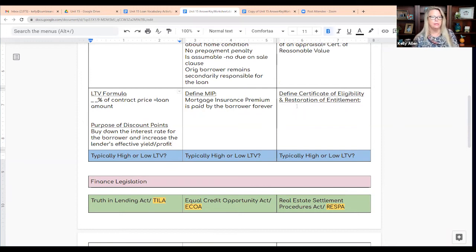All right, let's go over here. We did MIP. Let's talk about a certificate of eligibility and restoration of entitlement. We kind of discussed that up here. So a certificate of eligibility must be provided by the veteran.